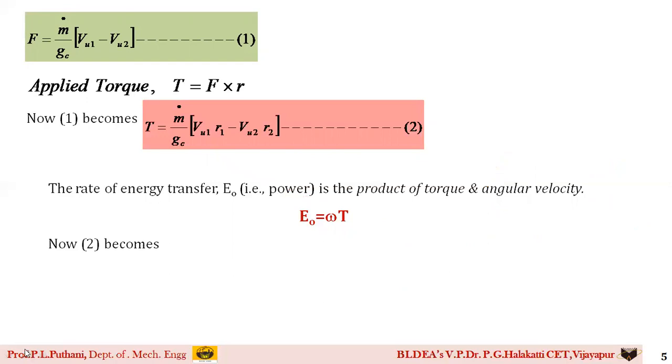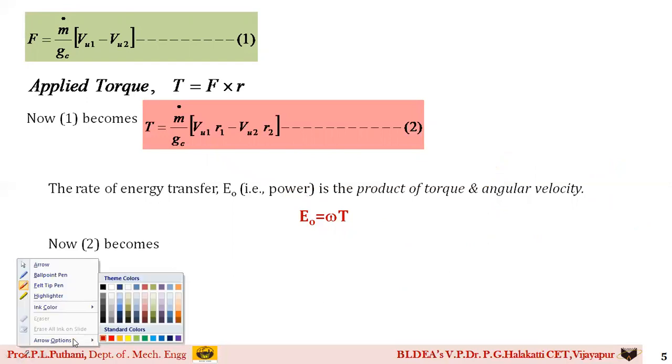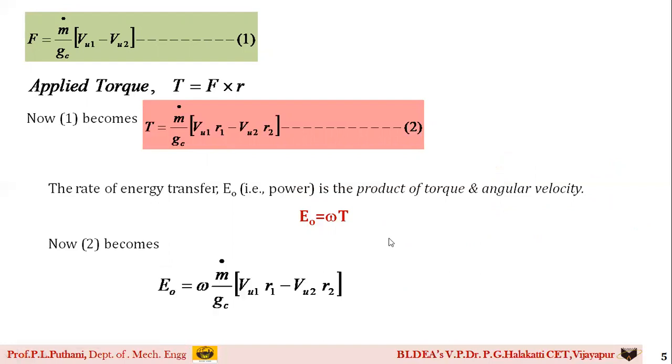On simplification, considering omega and torque together, my equation of energy transfer E naught becomes, as I told you, omega into M dot by Gc, Vu1 R1 minus Vu2 R2.